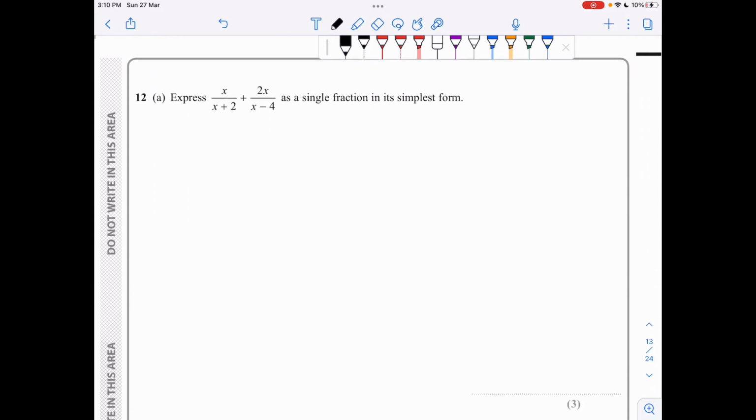It's an algebra question. We need to express this as a single fraction. I will start by identifying the LCM of x plus 2 and x minus 4, which is simply the product of the two. So this means that x over x plus 2 plus 2x over x minus 4 will be expressed over the same common denominator of (x plus 2)(x minus 4).